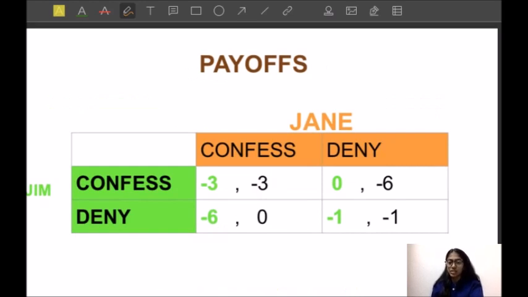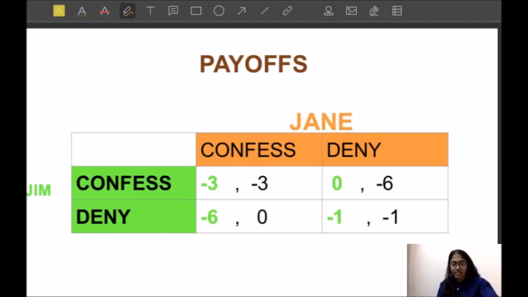Now we have converted the game into the payoff matrix. This summarized form of a situation is called the normal form of the game. The other thing is that each entry in each of the cells in the matrix represents the utility that the suspects assign to the various prison terms. But utility is subjective and hence it could vary, but for simplicity we assume it to be the negative of the length of the prison terms.